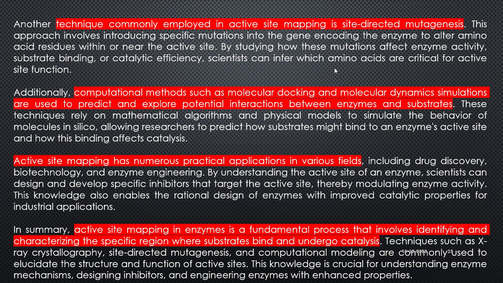So in a nutshell, active site mapping is a fundamental process that involves identifying and characterizing the specific region where the substrate binds and undergoes catalysis. For that, you require X-ray crystallography as well as another technique, site-directed mutagenesis.